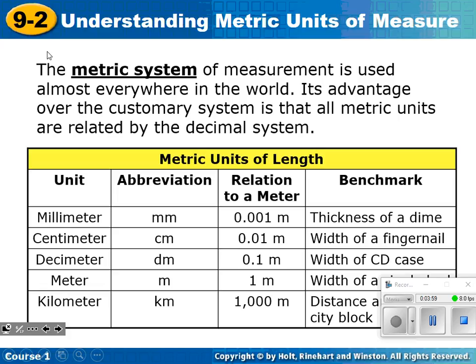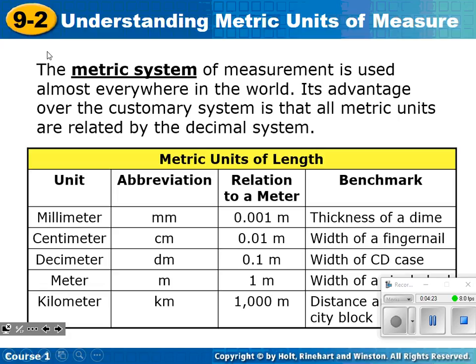A millimeter is about the thickness of a dime. A centimeter is about how wide your fingernail is, just to give you an idea of these things.